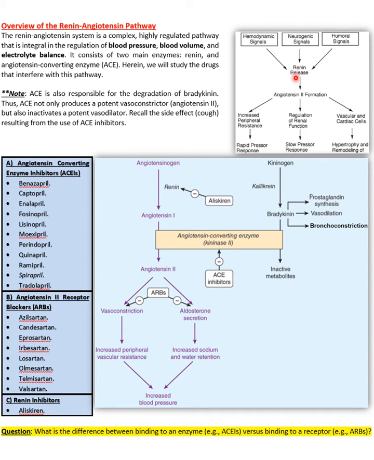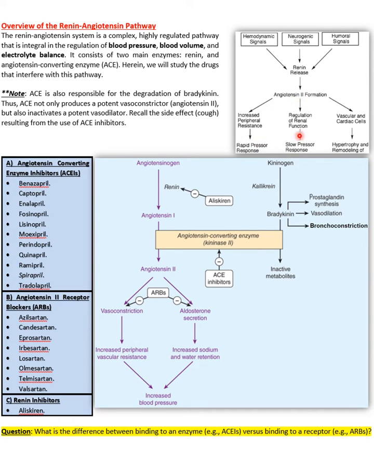And then when renin is released, we have angiotensin 1, which is already in the blood, available at any time. So when renin is released, it causes the formation of angiotensin 2. And then angiotensin 2 is responsible for the following actions. It would increase the peripheral resistance, and therefore it would increase the blood pressure in a rapid, fast effect.